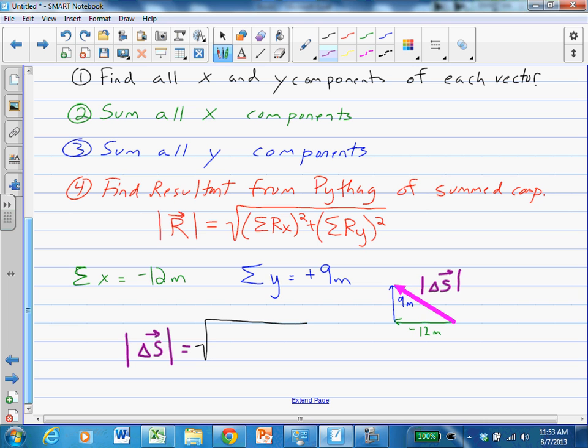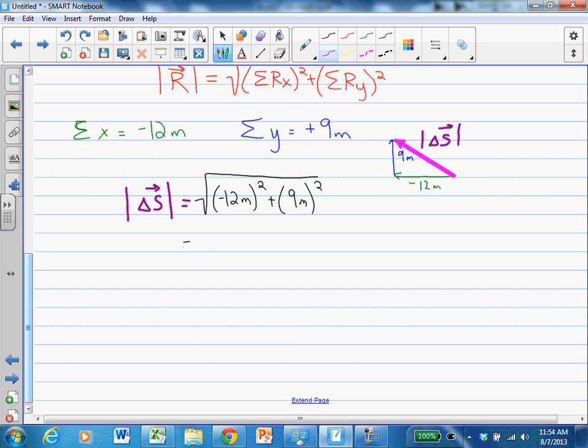Now the minus is just going to drop out. But if you put it in without parentheses in your square root, it wouldn't work. So either make sure you have parentheses around just the minus 12, or just leave the negative off. Come up with a value of 15. Well, 15.0, right? So we have our 15 meter displacement.